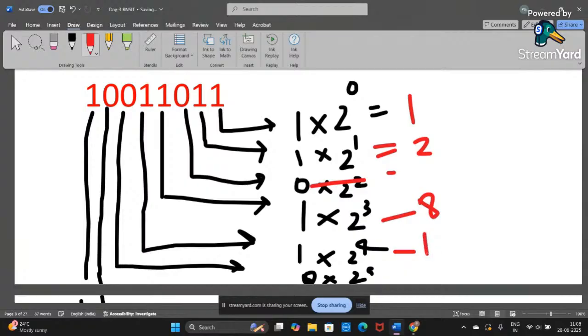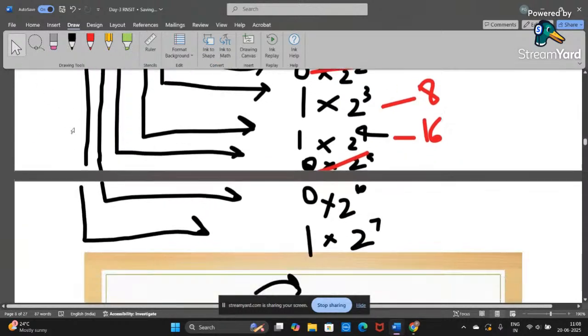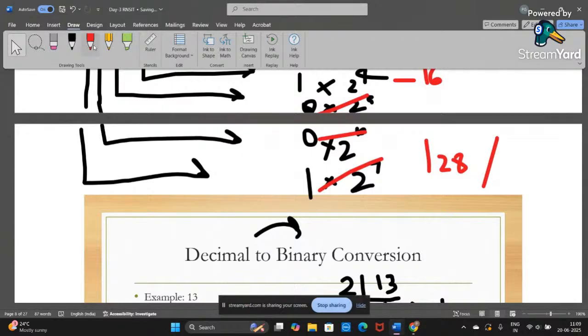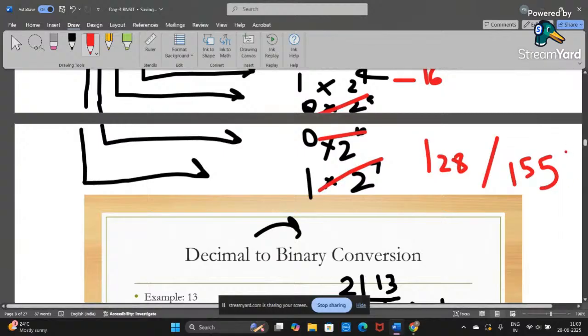And 2 power 4 it is 16. And 0 into anything it is 0. Zero into anything, even this is 0. And finally 2 power 7 it is 128. So adding all this we will get 155. So the answer is 155 base 10 because we're converting into decimal.